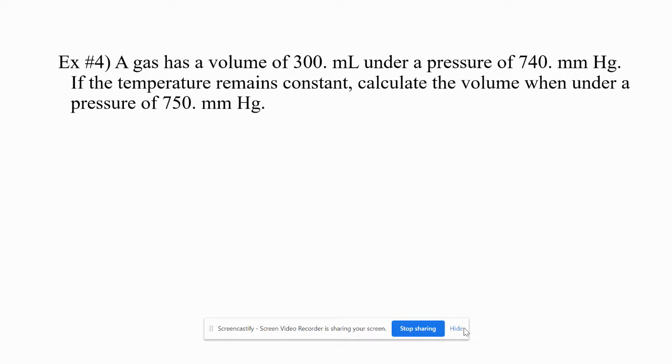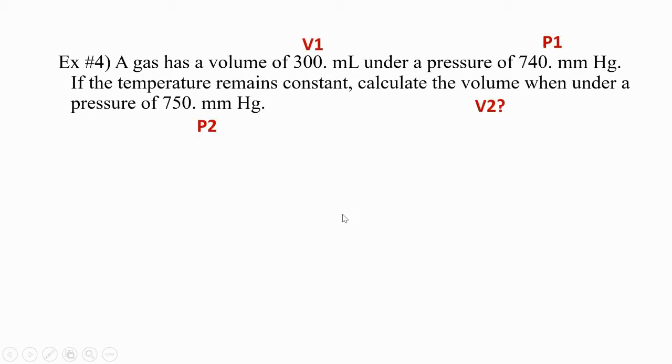First problem. A gas has a volume of 300 ml at a pressure of 740 millimeters of mercury. Temperature doesn't change. What is the volume when pressure changes to 750 millimeters? I specifically said volume, but if I just said occupies 300 milliliters, you have to know that milliliters is a unit of volume.